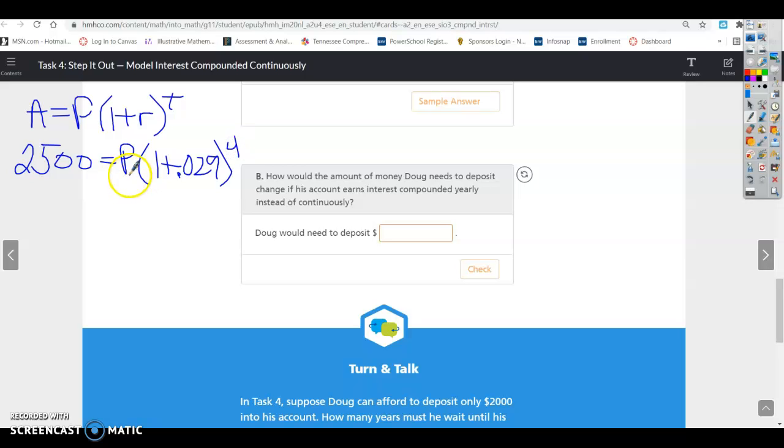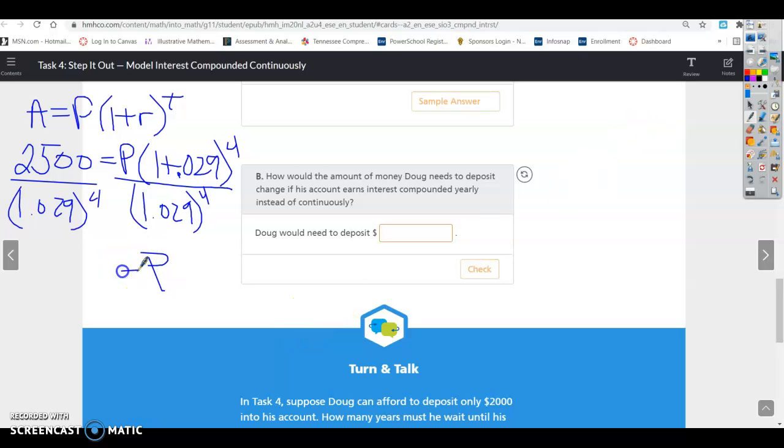All right, so to solve this, we can divide by 1.029 to the 4th power. Divide this by 1.029 to the 4th power, and that would give us our amount. So let's see what that amount is.